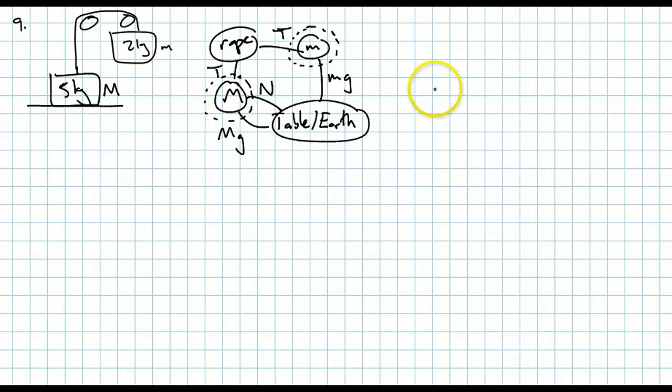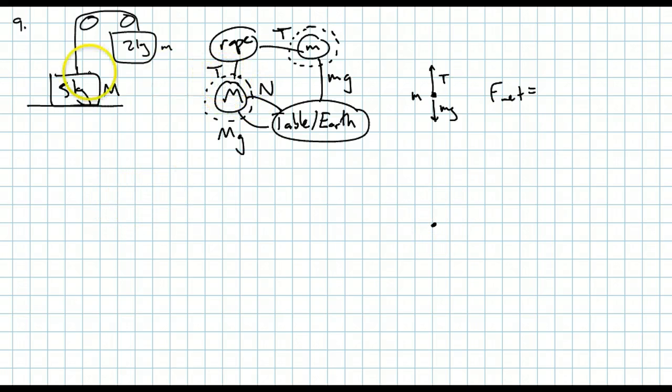So now that I have my system schemas, I'll draw my free body diagrams. First for the little m, there's a tension up and a weight down. Those balance because it's in CVPM. It's not going anywhere. And for the bottom one, there's a tension down.